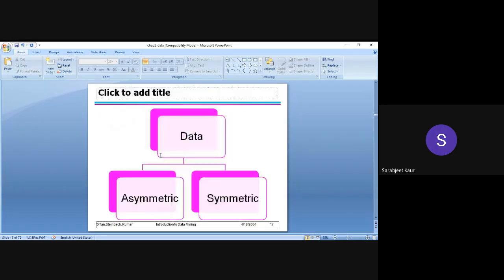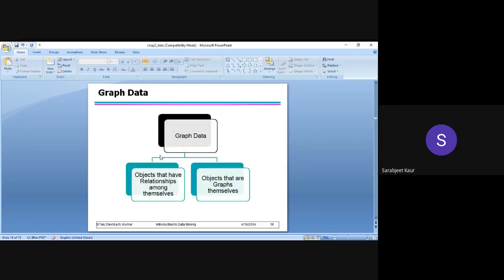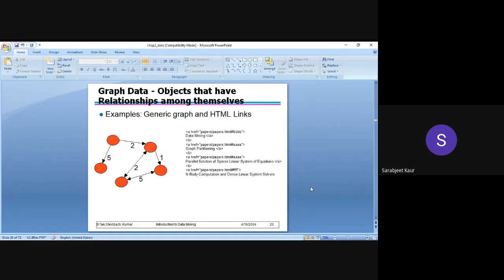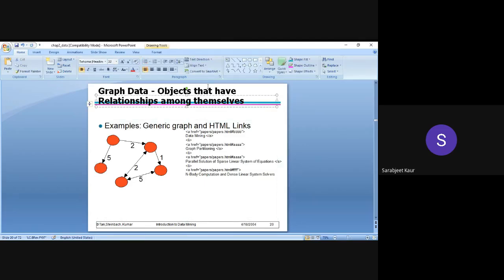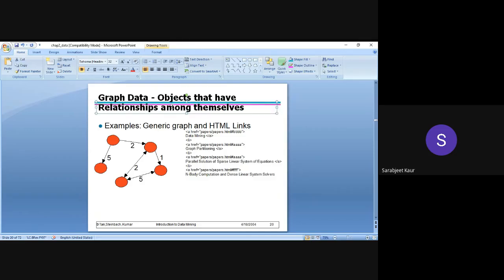Now, when we talk about graph data, please see what kind of data are we talking about. We are talking about the objects that have relationships amongst themselves. Okay, let's see an example of this kind of data so that you understand this more clearly. So as you can see on screen, in this regard, we can look at the web data.